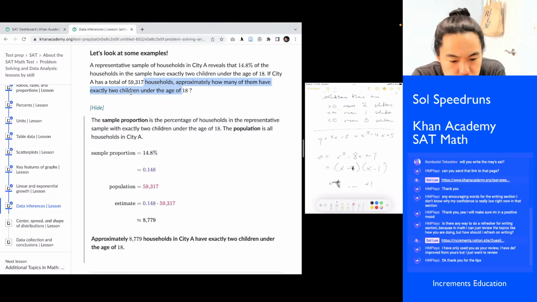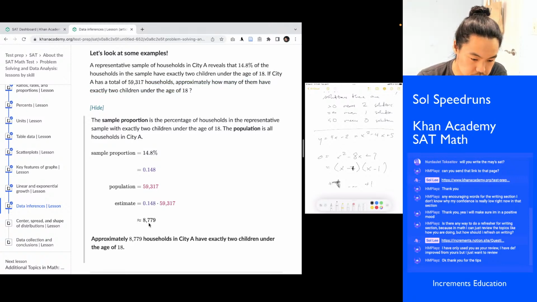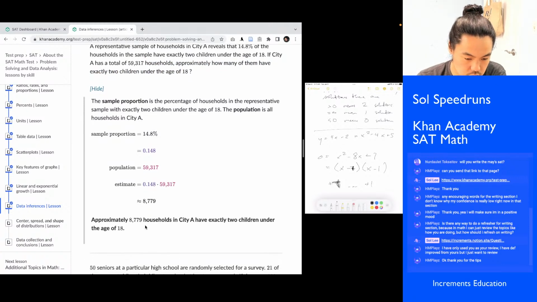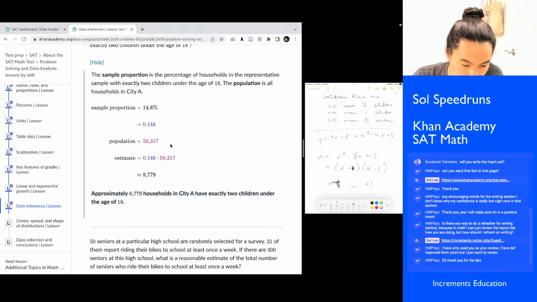I just had to do 14% times 59,317, which is about 15% times 60,000. 15% of 60,000 is 9,000. So 8,779 is around 9,000. That's pretty good.